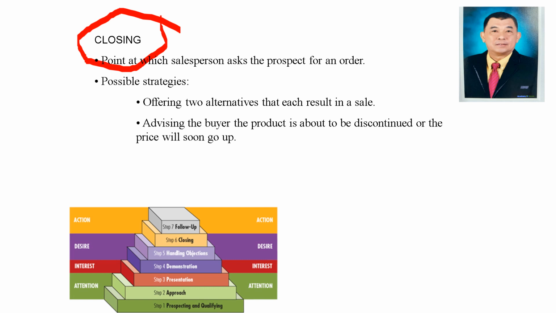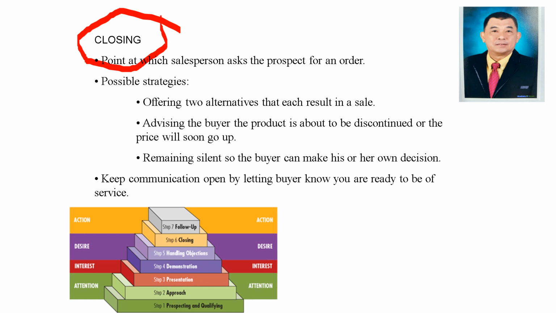These are some strategies so that you can immediately close the sale, and then you are going to receive your valuable purchase order. Remain silent so the buyer can make his or her own decision. Keep communication open by letting the buyer know you are ready to be of service. There are situations in closing where you cannot close the sale right there and then. Maybe there will be another engagement for you to resolve another handling of objections. And finally, once this is resolved, you are going to close the sale.